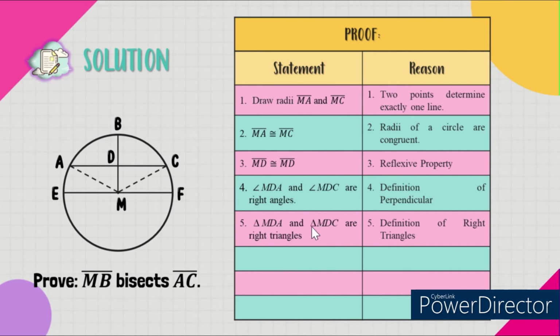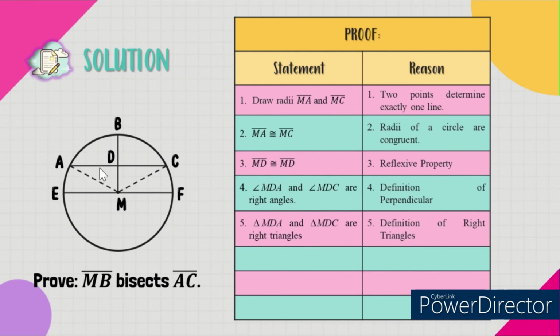And the same goes for this one. By connecting point C to point M, from the angle MDC, we can already form the triangle MDC.